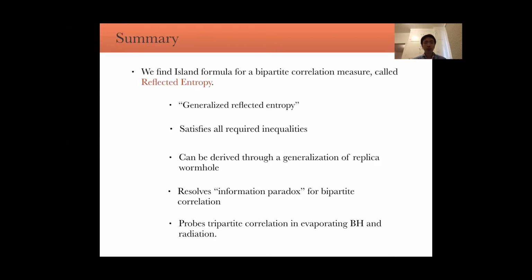The proposed formula can be applied to strongly gravitating systems such as evaporating black holes. The form of this formula is similar to that of the generalized entropy, so we could call it the generalized reflected entropy.